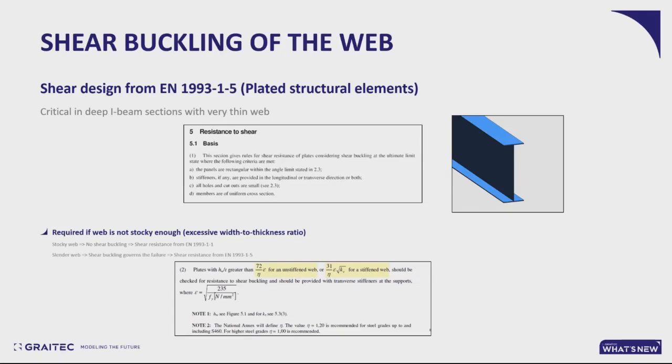If you are below that limit, then you have what they call a stocky web. So you don't need to actually worry about a thing, and you can check the shear resistance according to Eurocode 3 part 1.1. But if you are above that limit, then you have a thin or slender web, and you need this extra check from part 1.5.